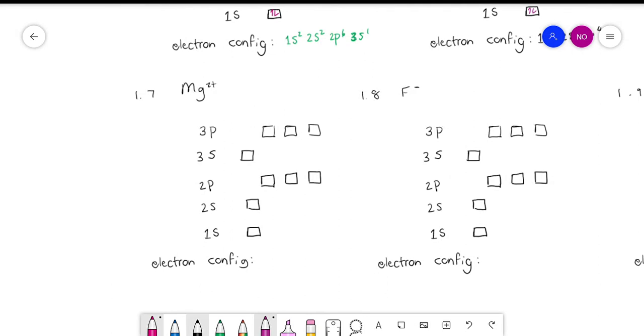Okay, so magnesium, if you look on the periodic table, has 12 electrons, if it's neutral. But this is a magnesium ion. In other words, if it has a 2 plus charge, it means that it must have lost 2 electrons. So I'm only drawing 10 electrons. Okay, en ek gaan nou vir julle vraag daaroor ook vra.